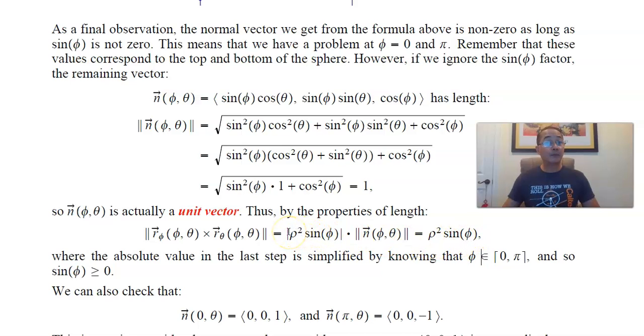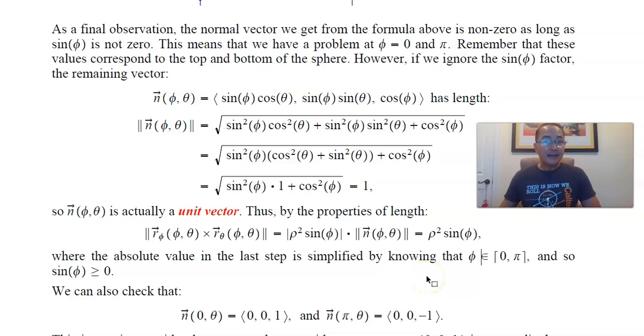From the properties of vectors, if you multiply a vector by a scalar, the length of that vector is just the length of the vector times the absolute value of the scalar. But what's the absolute value of rho squared sine phi? Rho squared is already positive, take it out. But where is phi? It's between 0 and pi. Sine of phi is positive there, so the absolute value is just sine of phi.